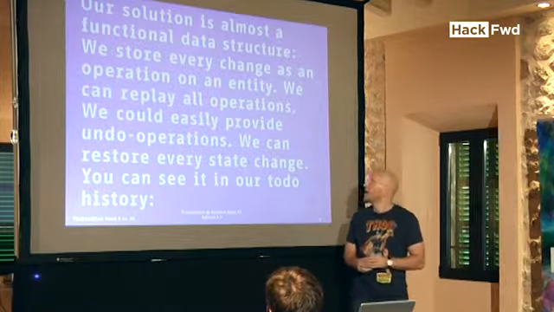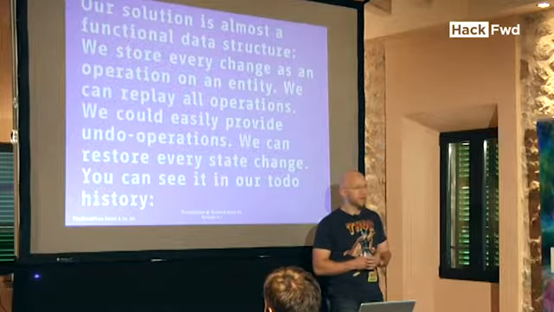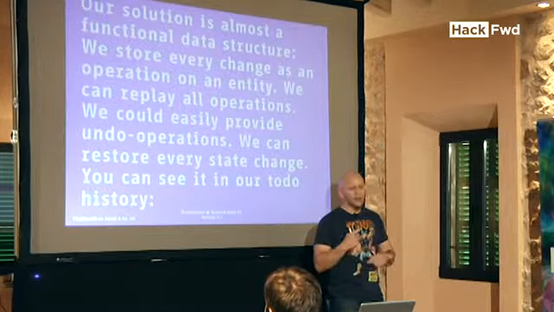We store every change on the to-do as an operation on this entity, and we store all these operations with the data, so we can redo and undo everything that you did to a to-do. So we can restore every state change, and we can also resolve conflicts. Some things you need the user for, of course, so not everything can be done automatically.